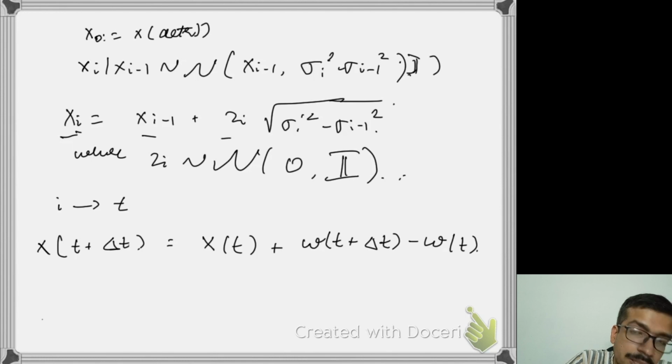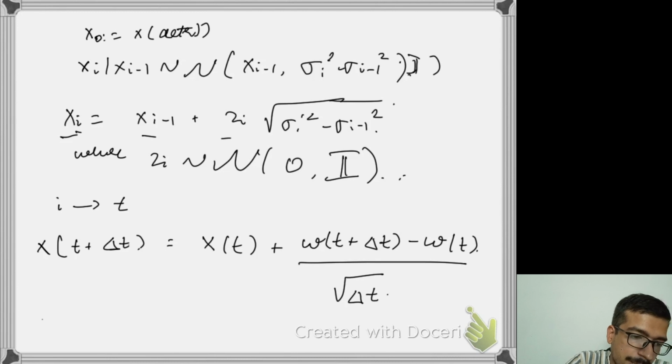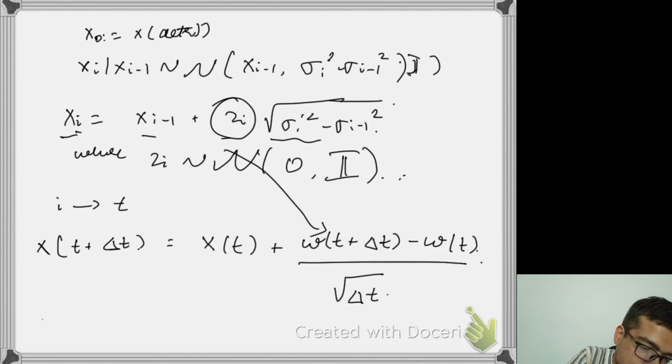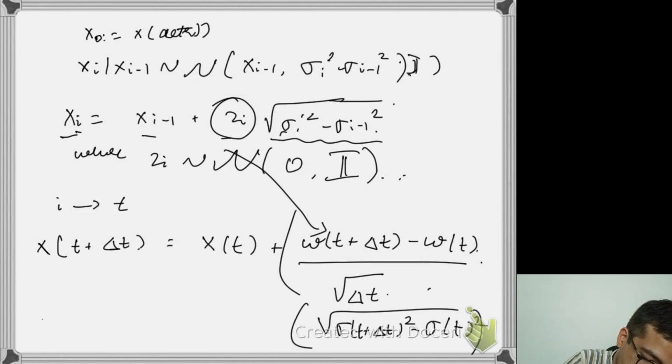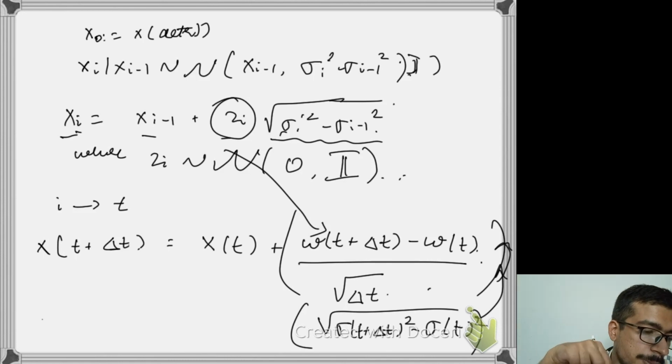This has variance delta t, so I divide by the square root of delta t, which gives me variance unity, and this is now my replacement for zi. And the other factor, sigma i square minus sigma i minus 1 square, I'm going to write as the square root of sigma t plus delta t squared minus sigma t squared, which is in the numerator only.